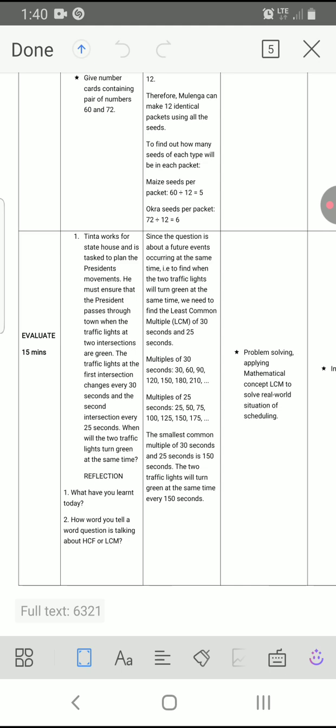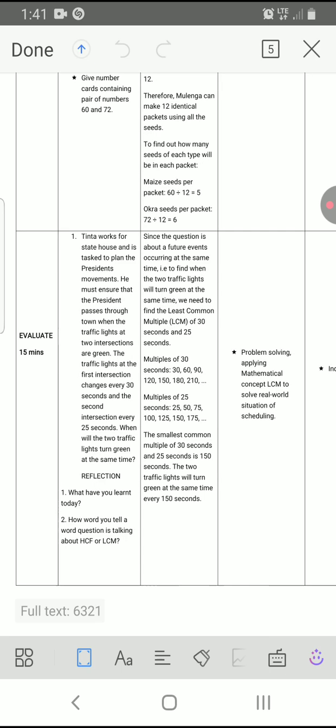The traffic lights at the first intersection change every 30 seconds and the second intersection every 25 seconds. When will the two traffic lights turn green at the same time?